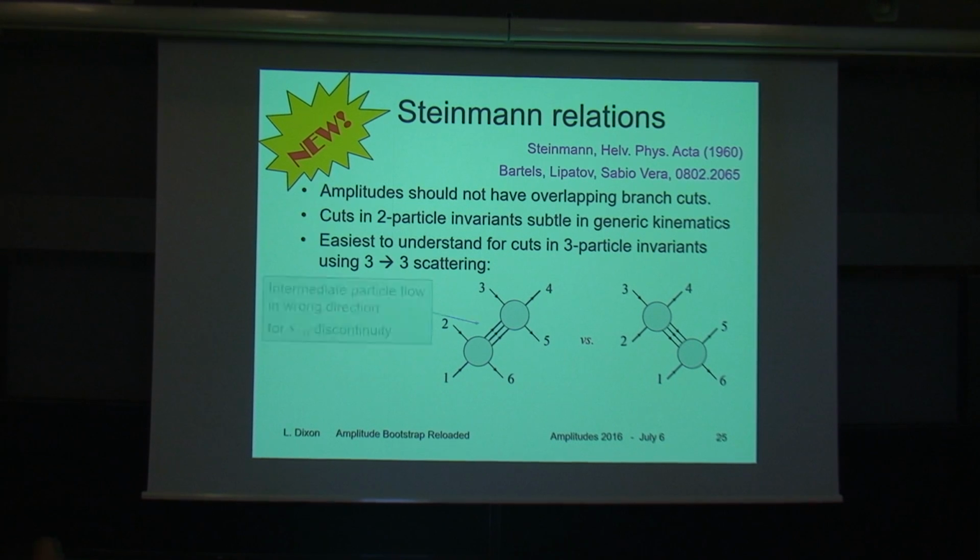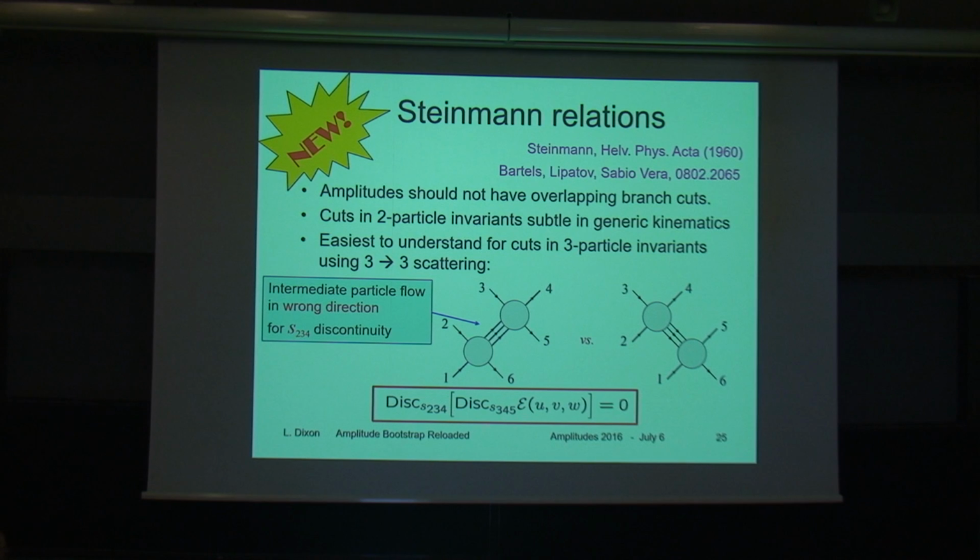So that's the generic argument that these are propagating in the wrong direction for this other discontinuity. As a result, the discontinuity in this channel should not have a discontinuity in this channel. And that's basically the Steinmann constraint for this specific case, but it generalizes any time you have overlapping cuts.